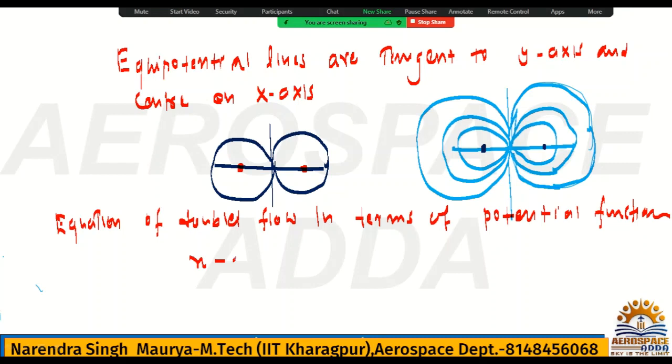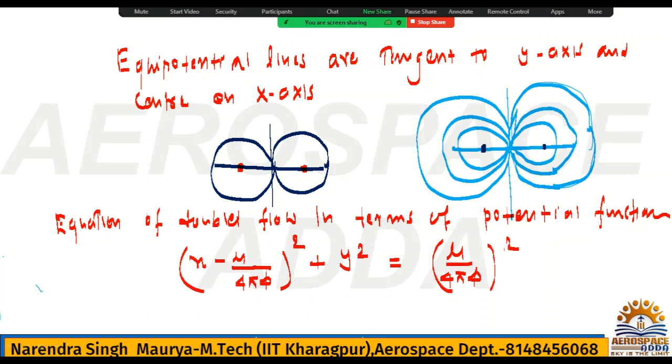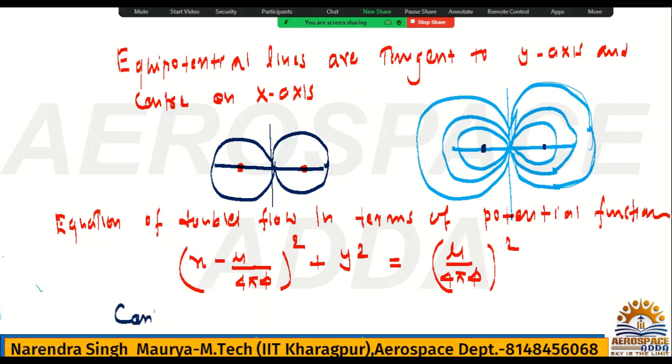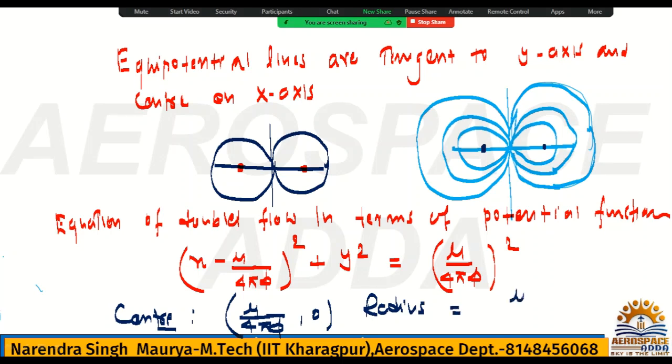So x minus mu upon 4 pi phi whole square plus y square equals mu upon 4 pi phi whole square. What is the center here? Center will be on x-axis, hence mu upon 4 pi phi comma 0. This is what center. What is the radius? Radius will be mu upon 4 pi phi.